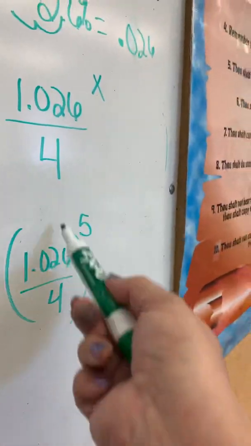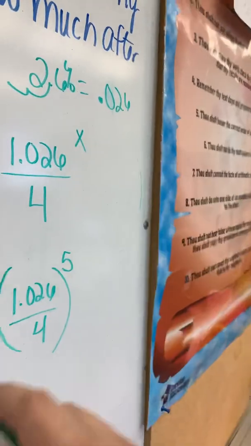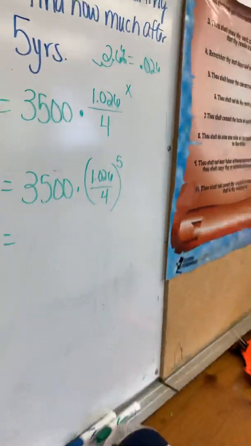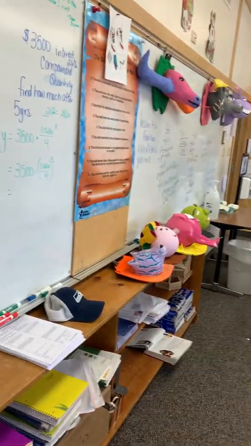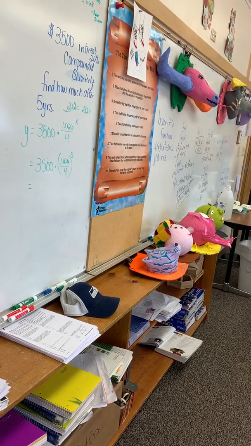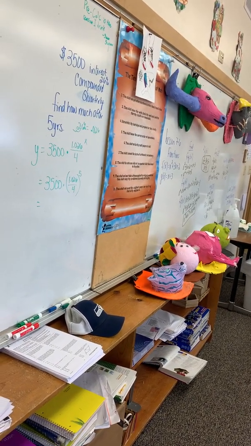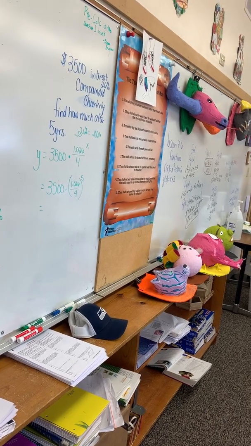Make sure you're doing that in your calculator first and then multiplying it by the 3,500. Okay? Which we get, what do we get? 1.026 divided by 4 raised to the 5th times 3,500.